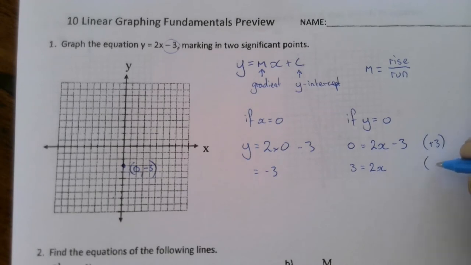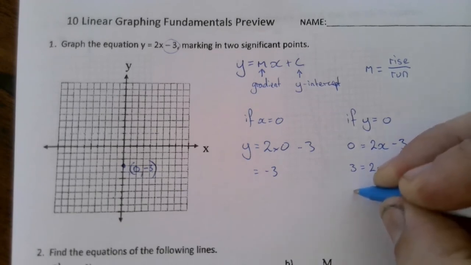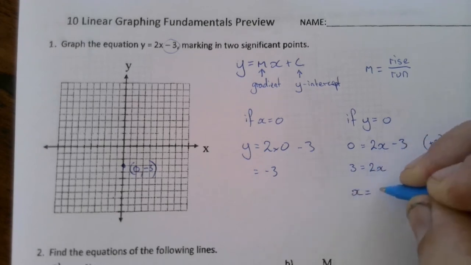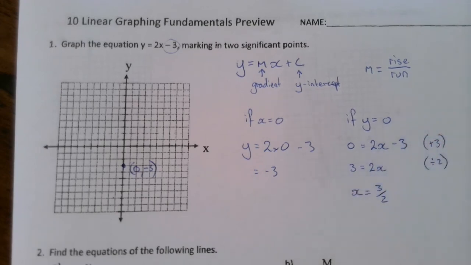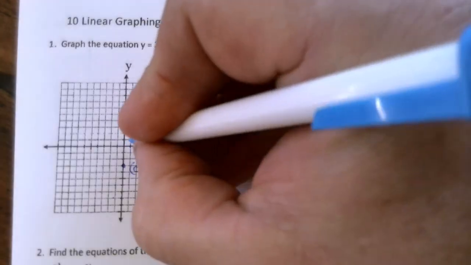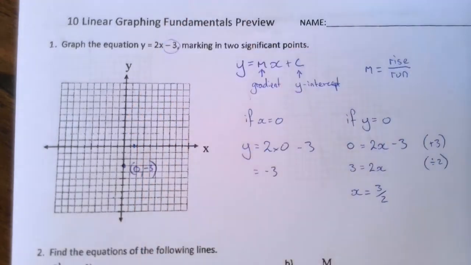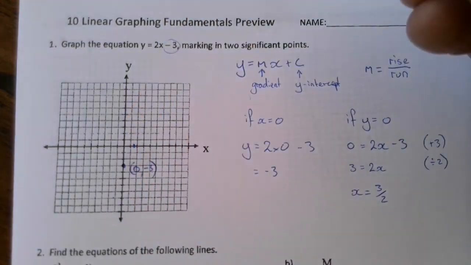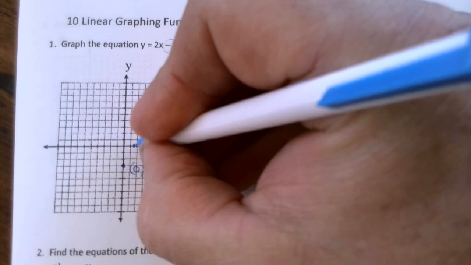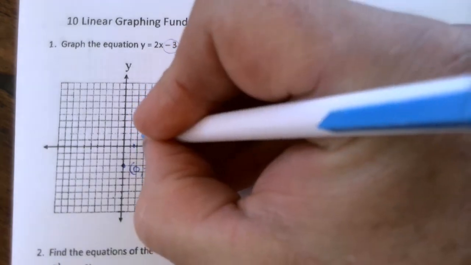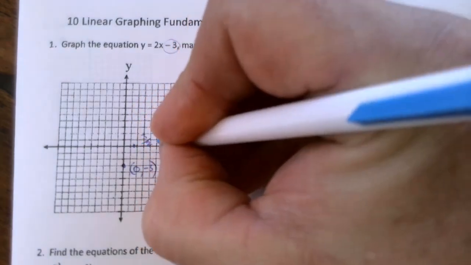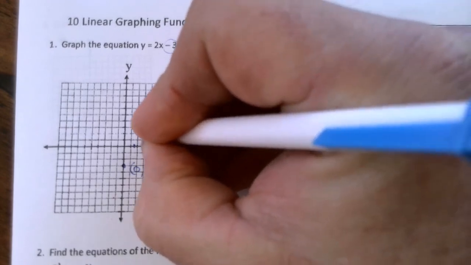And then we will divide by 2 on both sides, and we'll find that x is 3 on 2, or 1.5, okay? And so we know that it intercepts here at 1.5, and we know what the second point is, okay? So we know that the second significant point is that x is 3/2 when y is nothing.